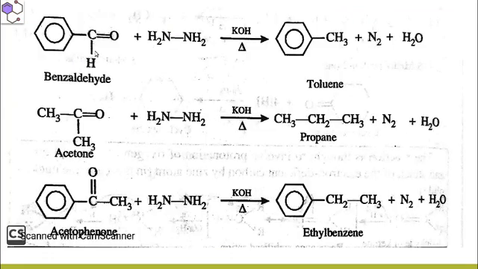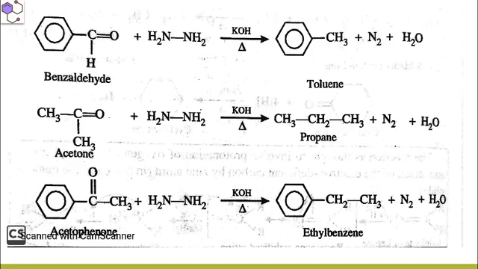Here we have some more examples for Wolff-Kishner reduction. The Wolff-Kishner reagent is hydrazine and KOH. So benzaldehyde, a carbonyl compound, on treating with hydrazine and KOH, we will get the corresponding hydrocarbon, that is toluene. Similarly, in the case of acetone, on treating with hydrazine and KOH, on heating, we will get the corresponding hydrocarbon, that is propane.